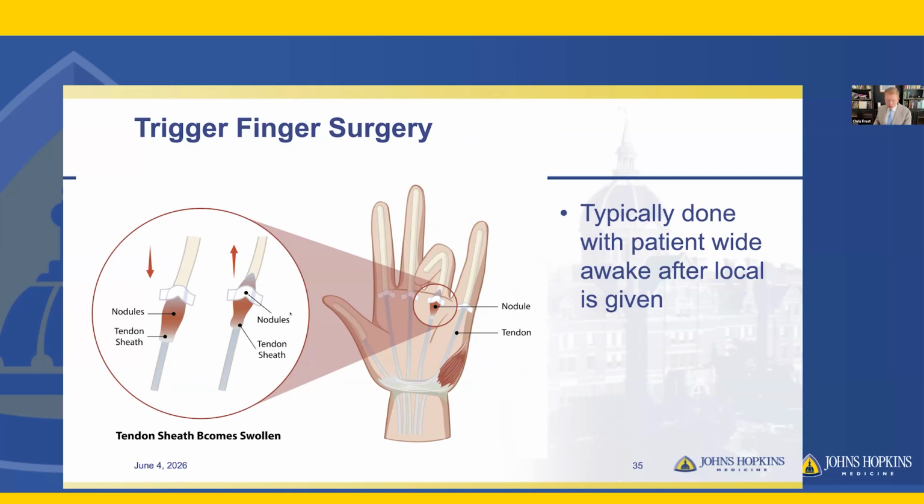And we have a very similar treatment strategy as we do for de Quervain. So we can try splinting and hand therapy. Again, it takes about 6 to 8 weeks of splinting with the fingers straight to be helpful. A lot of times we'll do a steroid injection. And then for patients who fail that, then we talk about surgical options. Relatively small surgery can be done with patients wide awake.